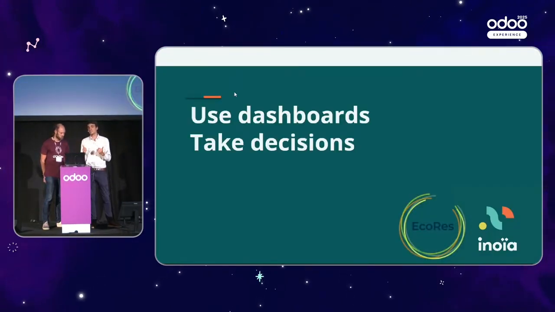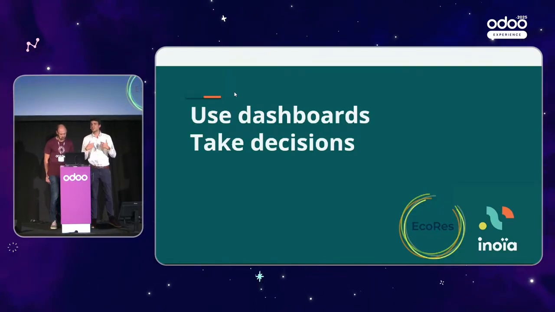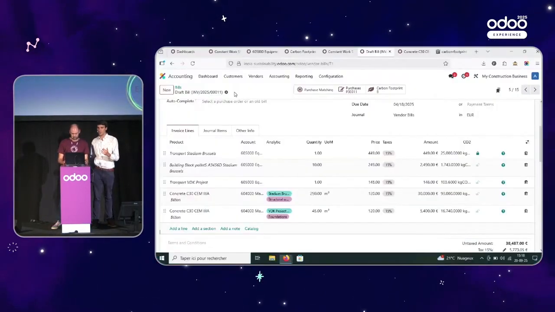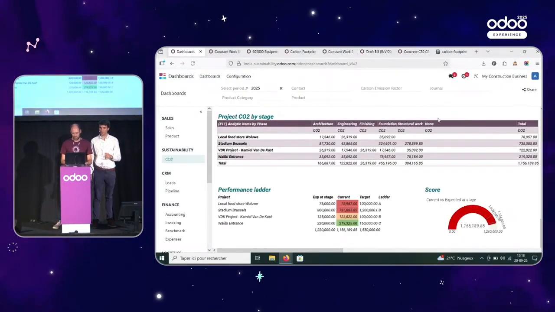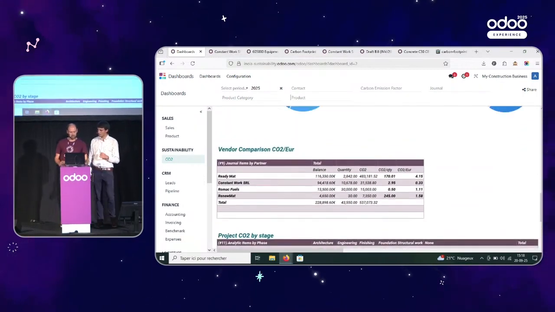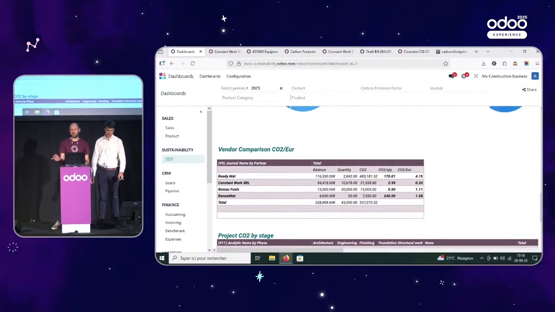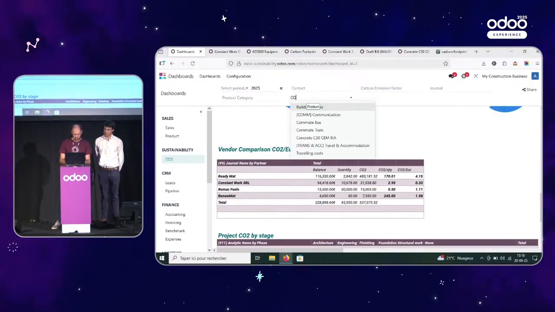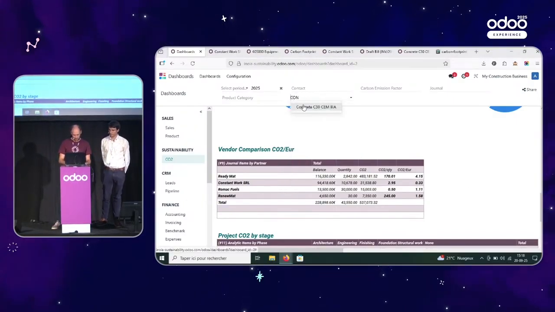But what is important is not so much the reporting, but what you can make use of it. That's how I started: in the end, you want that to lead your way into sustainability. And so that's where we come back to this dashboard. From the dashboard, you can take decisions on specific products. Let's take the concrete that we are dealing with.